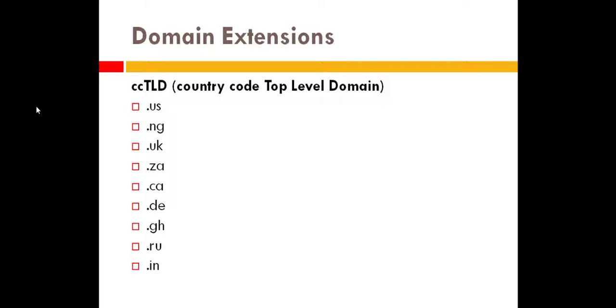Another reason is it depends on your target audience. For example, let's say you bake cake and you are targeting people living in your country. So it is better you go for a domain extension that suits your country, because these are the people you're going to target.